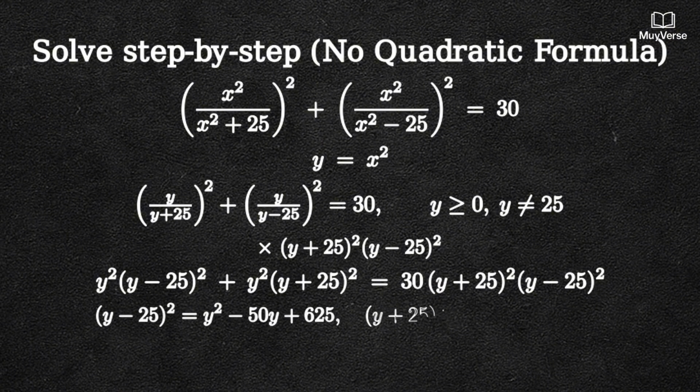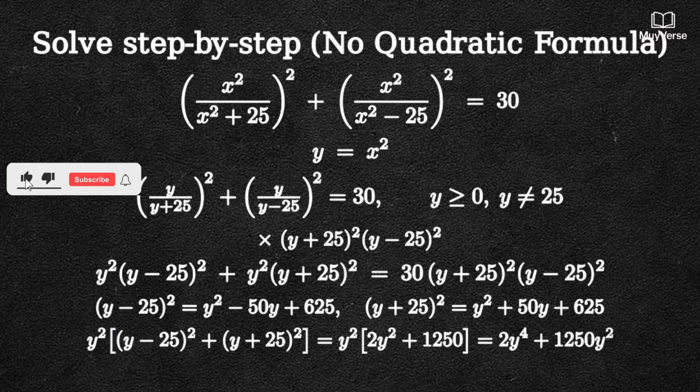We have (y−25)² equals y² minus 50y plus 625, and (y+25)² equals y² plus 50y plus 625. Adding them inside the brackets gives 2y² plus 1250. So the left side is 2y⁴ plus 1250y².